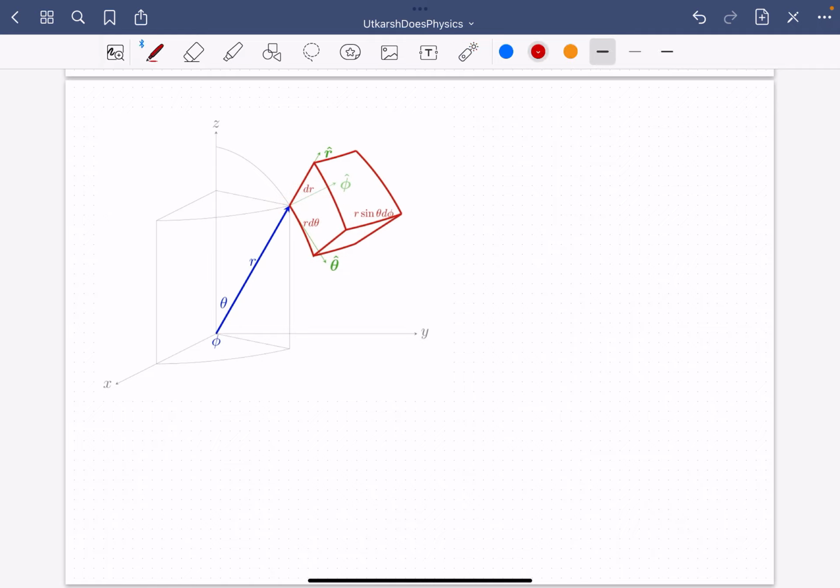So we're just going to write the area of that rectangle, which is r d theta times r sine theta d phi.